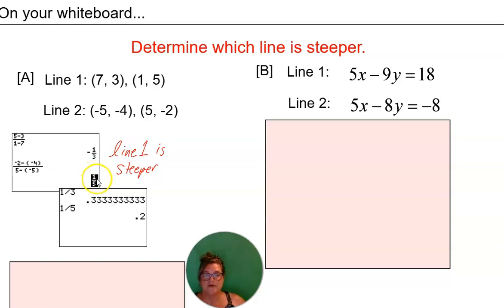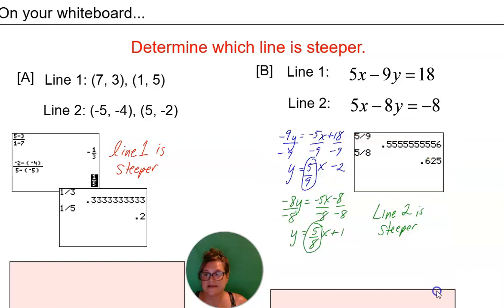When we compare those in absolute value as decimals, 1/3 is 0.3 repeating, 1/5 is 0.2, and so line 1 is steeper. In B, we first need to put these lines into slope-intercept form. So we're going to subtract 5x from both sides, divide through by -9. For line 2, we subtract 5x from both sides and divide through by -8.